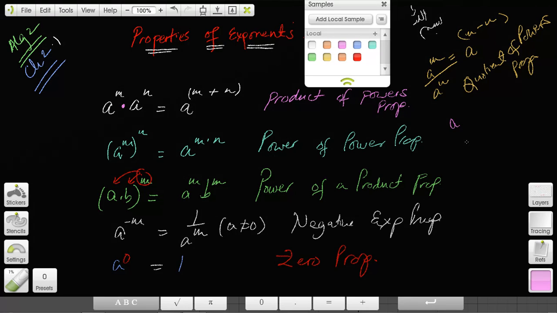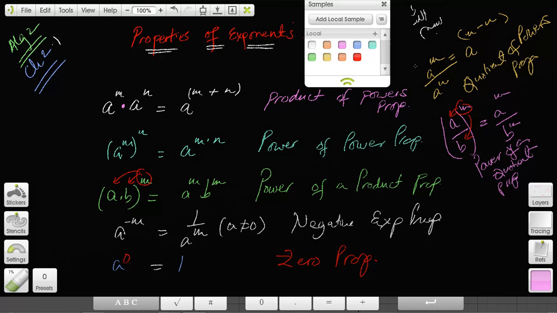And finally, (a over b) to the m. This is kind of like the distributive property again: a to the m over b to the m, right? You guessed this one, I'm pretty sure. This one's called the power of a quotient property.